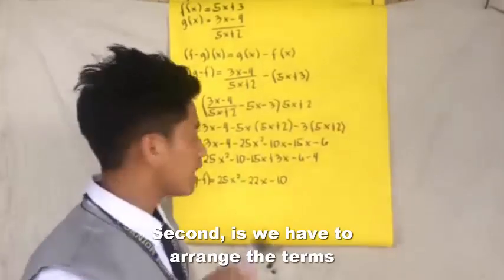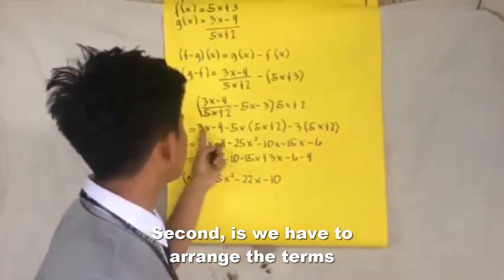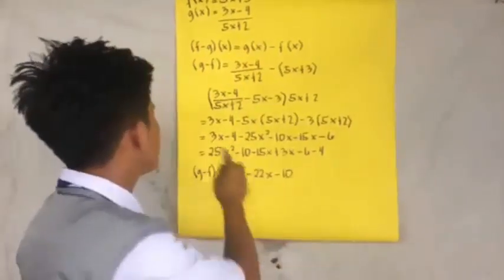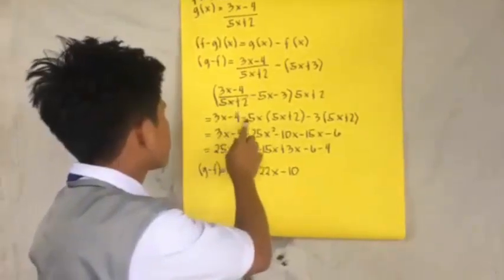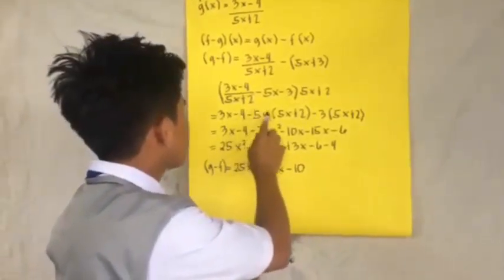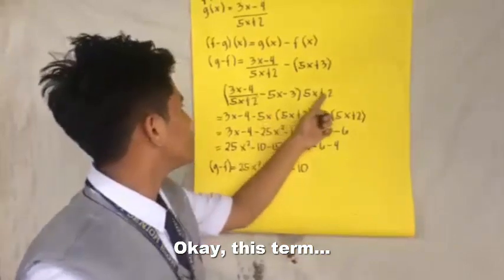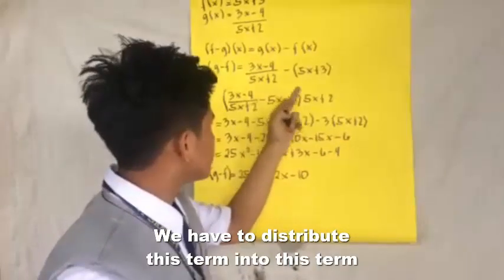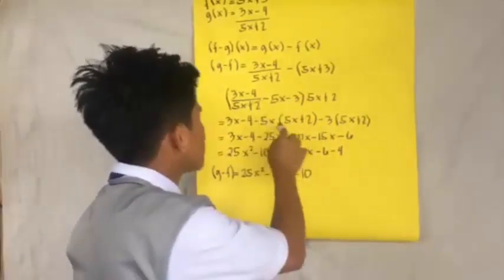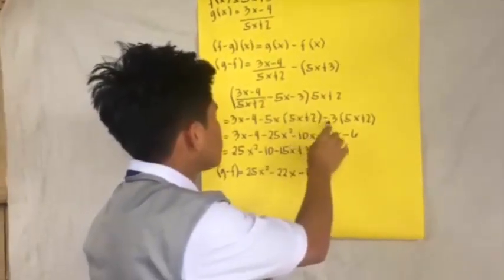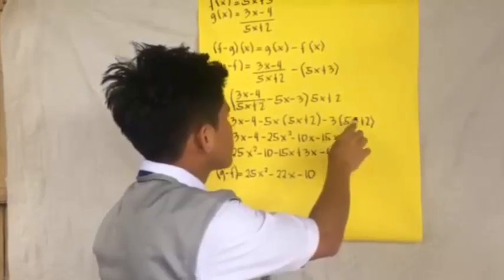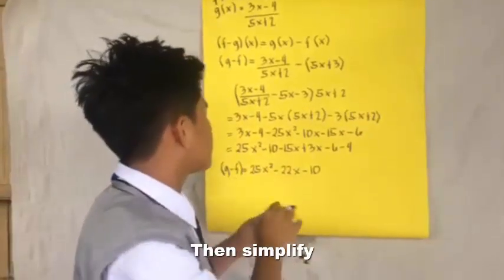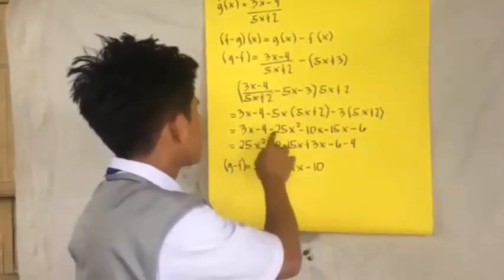Okay, second, we have to arrange the terms 3x minus 4 and minus (5x plus 3). We have to distribute this term into this term: negative 5x times 5x plus 2, then negative 3 times 5x plus 2, then simplify 3x minus 4.